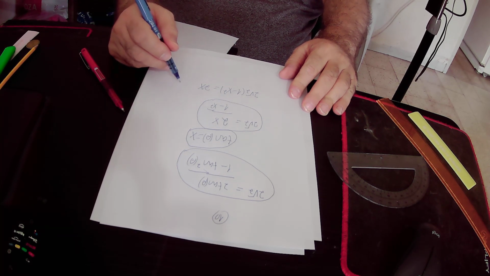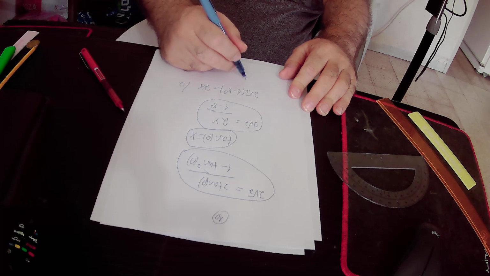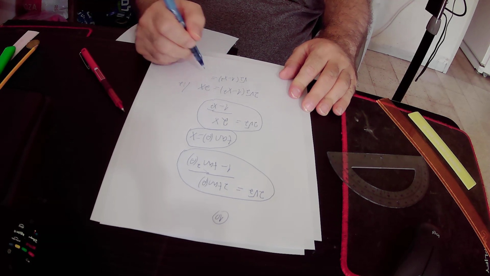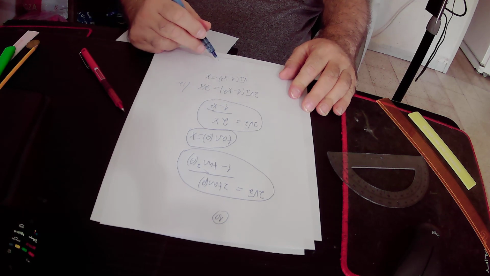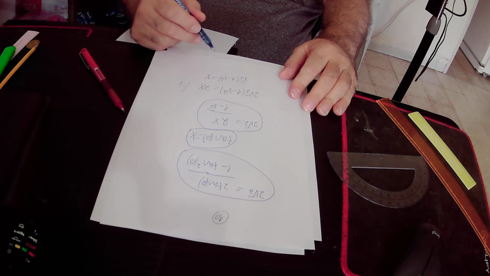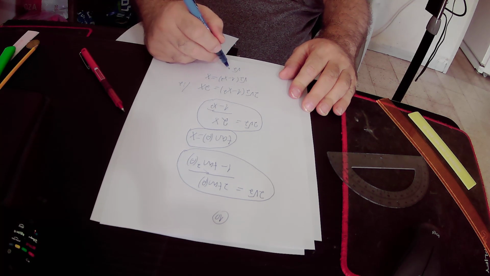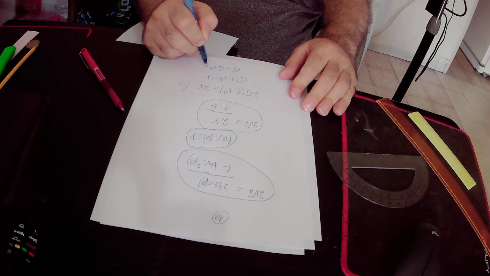First of all, we will divide this equality by 2 and we will get root 2 times 1 minus x squared equals x. Opening the brackets, we get root 2 minus root 2 x squared equals x.